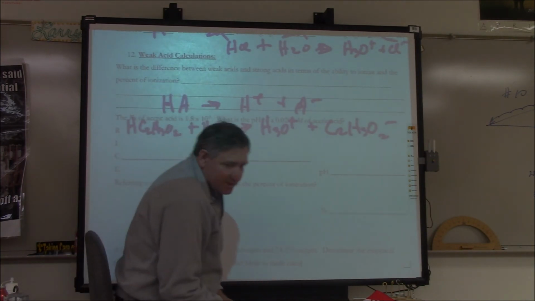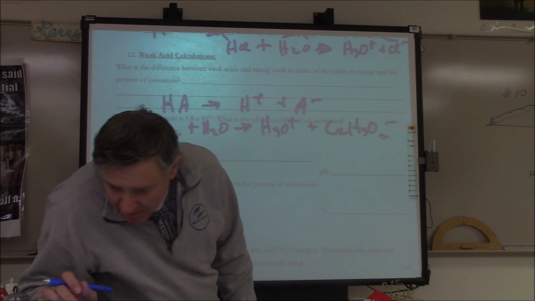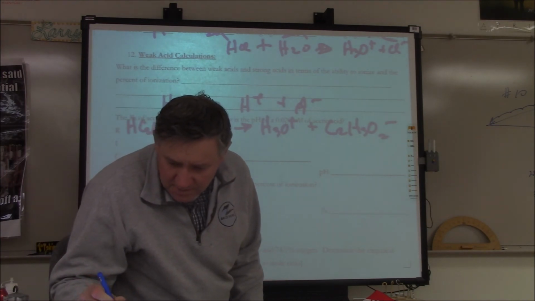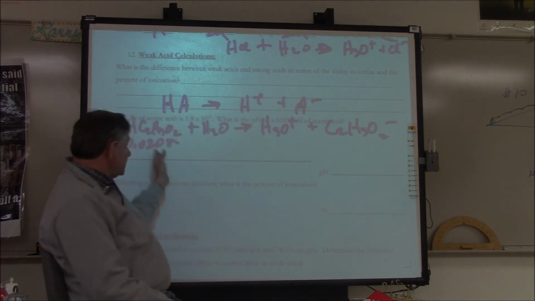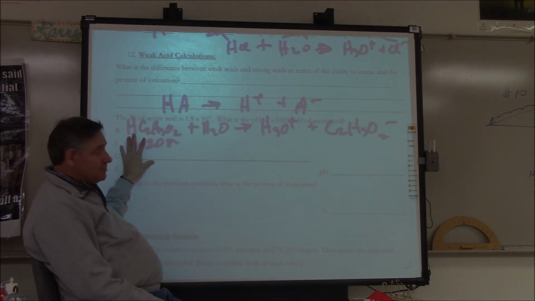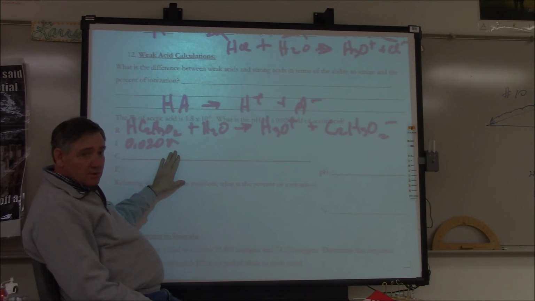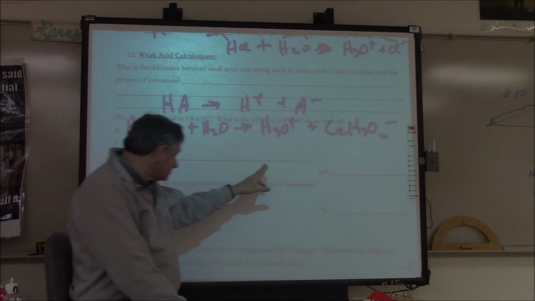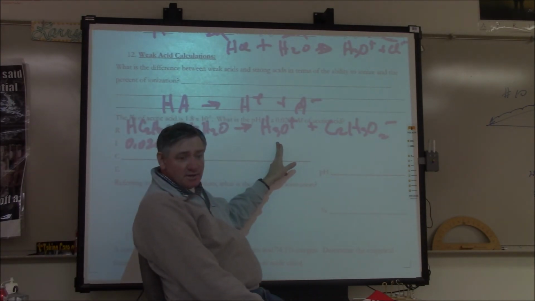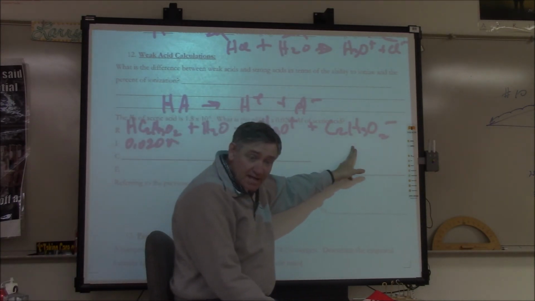So here's the deal. In this situation, I have 0.02 molar solution of acetic acid. Okay? So in this particular problem, this is how this is going to play out. I've got 0.02 molar solution. This is my initial concentration. Now, what we're going to assume is that there are no hydronium ions and there are no acetate ions.